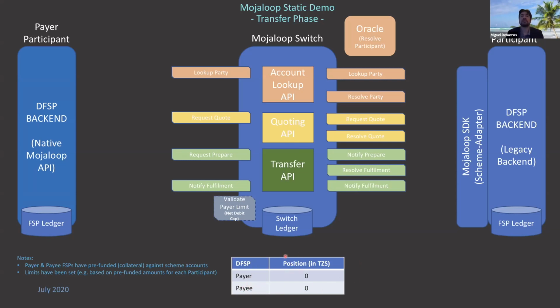So you can see how that interaction works when a transfer is executed by the Mojaloop switch itself. First we have a validation of the payer limit against his net debit cap to make sure he's able to do it. If he passes, the funds will then be reserved. And as part of that, we're going to update the payer position within the system. So it's now plus 100.